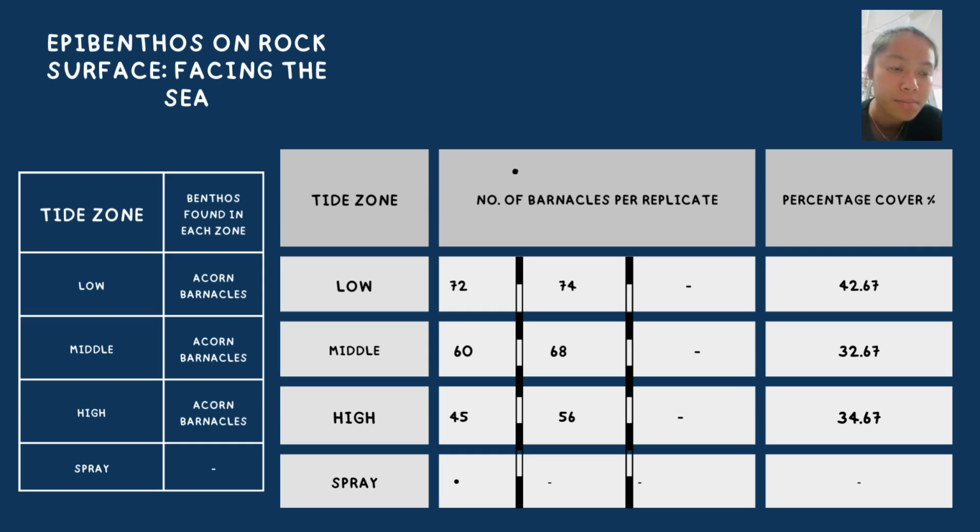For the middle zone, the number of barnacles per replicate is 60 and 68. The percentage cover is 32.67%. For the high zone, the number of barnacles per replicate is 45 and 56. The percentage cover is 34.67%.